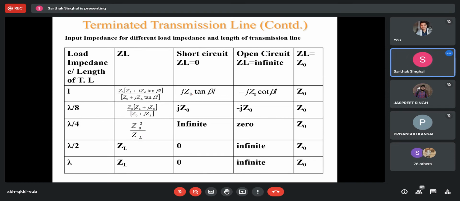J tan beta L, right? Now for ZL equal to infinity, the input impedance is Z naught upon J tan beta L, which will be given by minus J Z naught cot beta L, right?